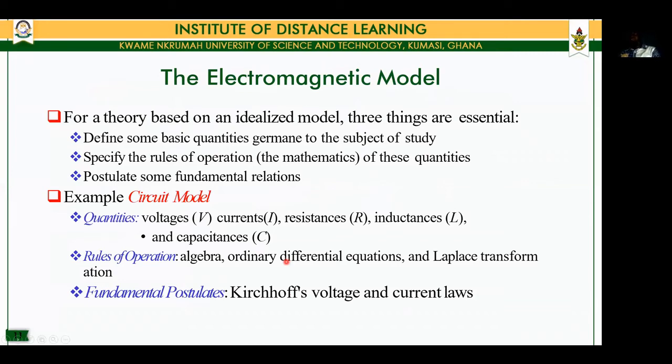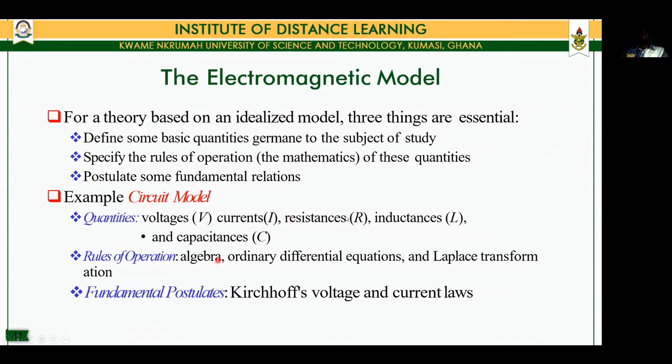And now we'll look at the first lecture of the course, where we'll try to understand what is called the electromagnetic model. To understand the electromagnetic model, let's look at the circuit model. In circuit model, we have quantities such as voltage, current, resistance, inductance, and capacitance.